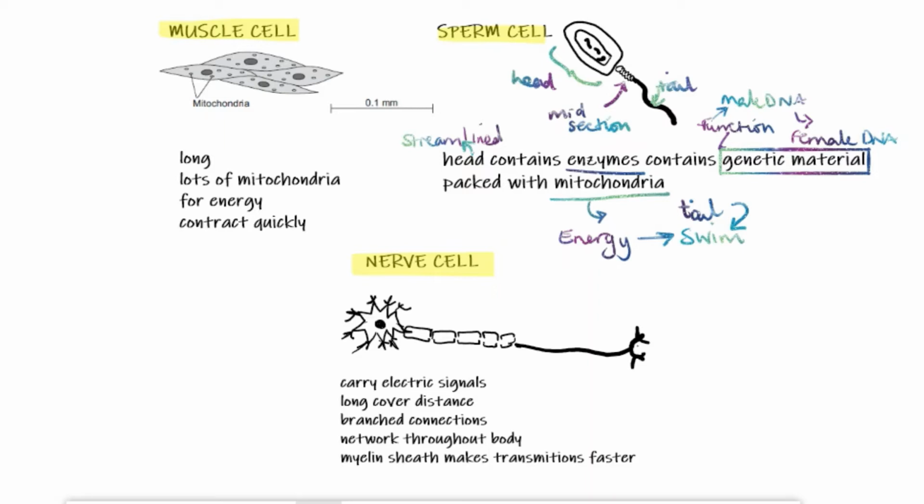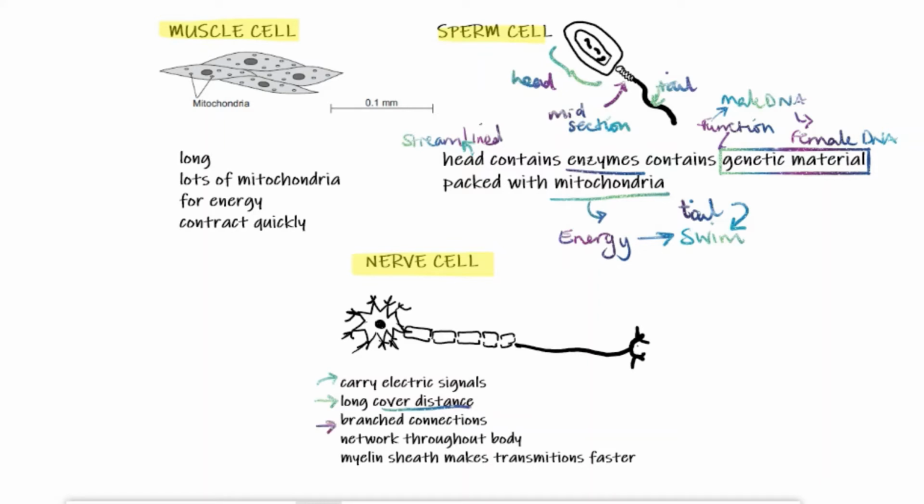Next, the nerve cell. The function of the nerve cell is to carry electrical signals throughout the body. It carries electrical signals from one part of the body to another. These cells are long so that they can cover long distances.